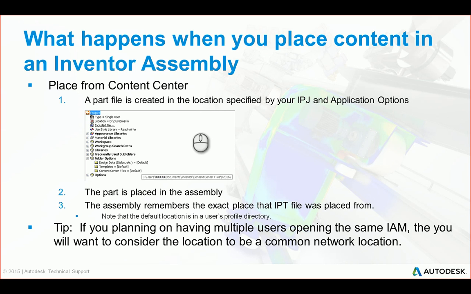So you need to think a little bit ahead, get these collected in a common location, configure your IPJ file to use these common locations, and then as you build your assemblies and pull the content files, everybody's creating and pulling from the same location, so it's common for everybody, and you don't end up with somebody not being able to find the necessary parts.